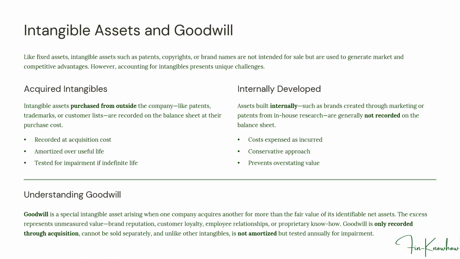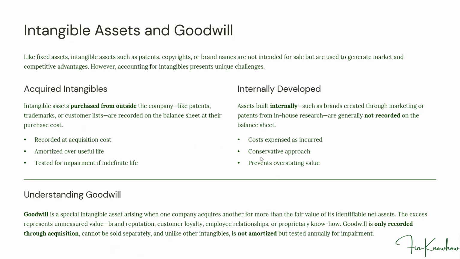So, unlike in the case of acquired intangibles, where a value was established among third parties for the asset, when an intangible asset is developed in-house, there isn't 100% confidence that somebody else will buy that asset or is interested in that asset. So without knowing that, accountants are hesitant to put a value of that asset on the balance sheet. So they just treat it as an expense in their income statement and nothing is recorded on the balance sheet. Okay, so this is an important distinction to consider.